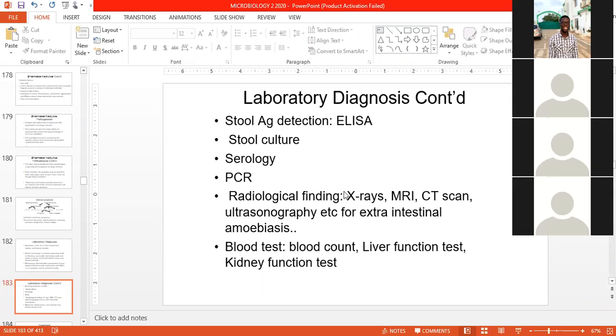Please, let's take note of them. Bacterial infection, what type of white cell do you see?